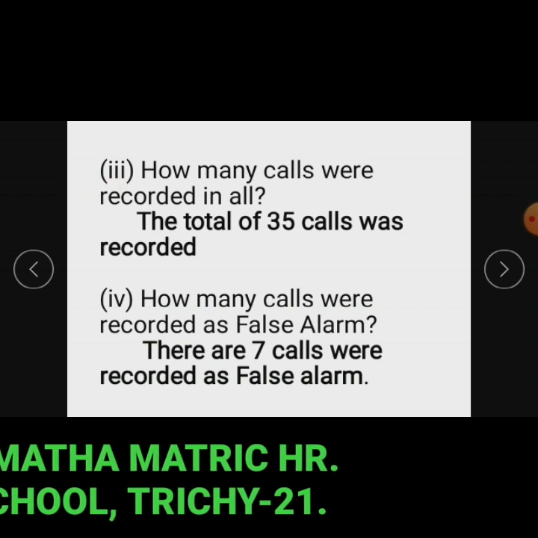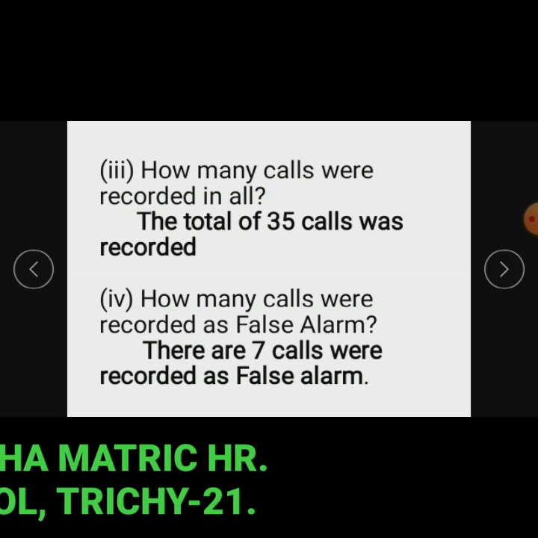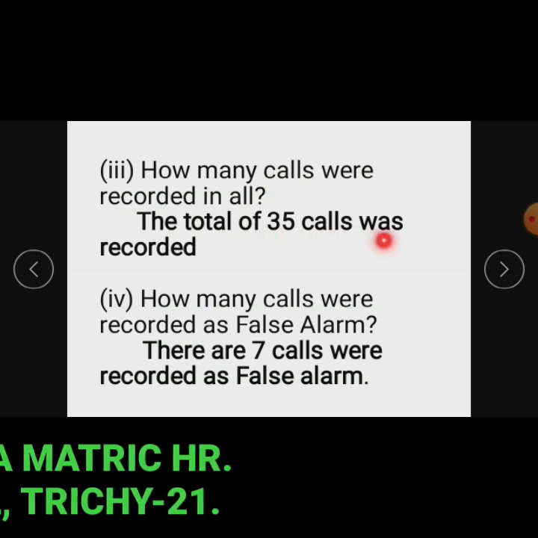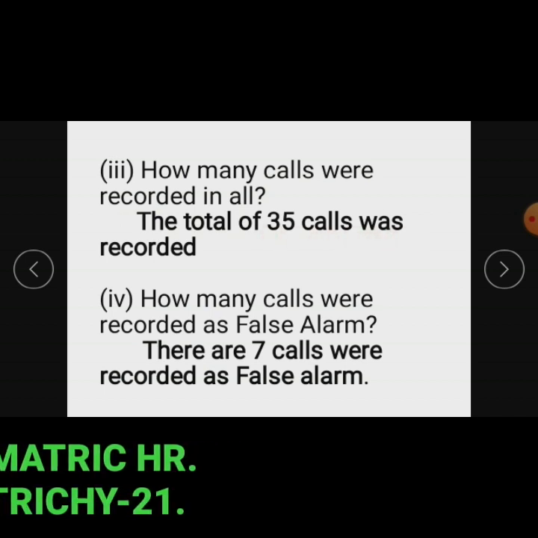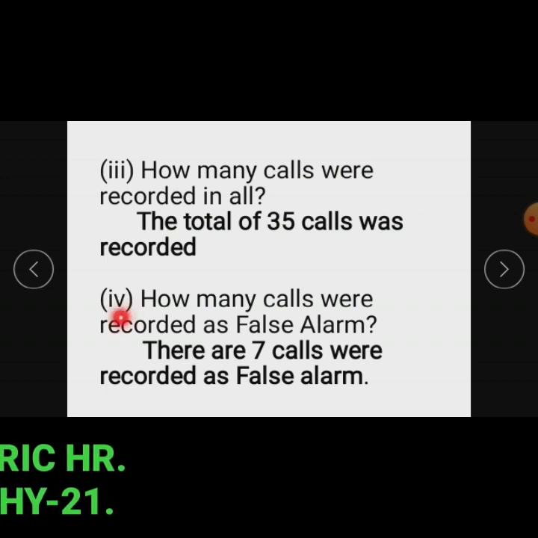Question number 3. How many calls were recorded in all? Totally 35 calls were recorded. Question number 4. How many calls were recorded as false alarm? There are 7 calls recorded as false alarm.